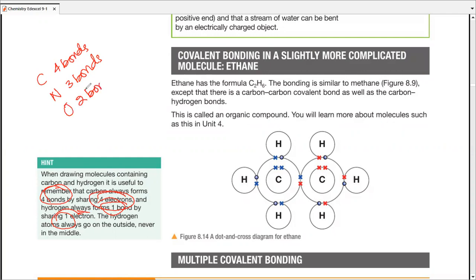Oxygen can form 2 bonds. And halogens like fluorine, chlorine, or bromine, maybe iodine or hydrogen, can form 1 bond. That's the maximum number of bonds they can form in these types, ionic and covalent. All right. So keep this stuff in mind.